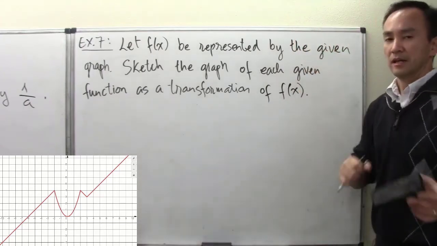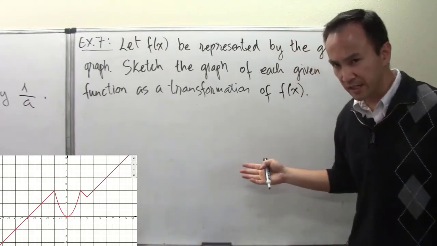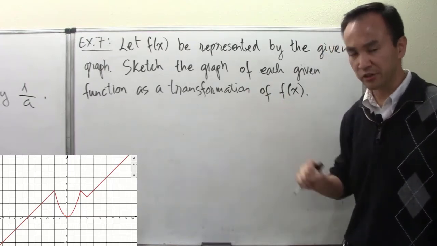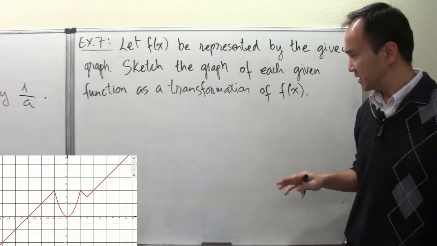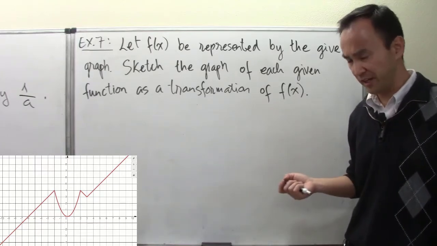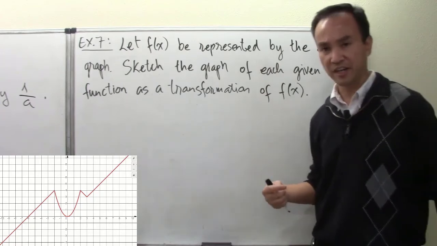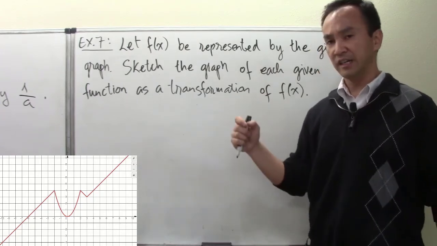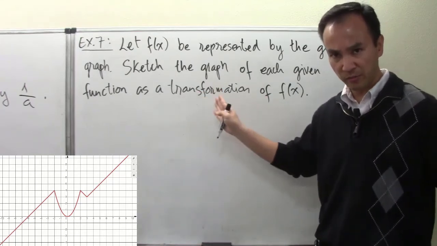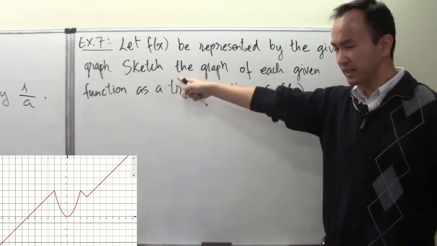I may change the wording slightly compared with the earlier example problems, but it shouldn't change the overall structure of this kind of problem. We already had that graph given, and then I'm going to be giving out a function g of x, and we want to recognize that function as a transformation of f of x and use that to make a hand sketch.